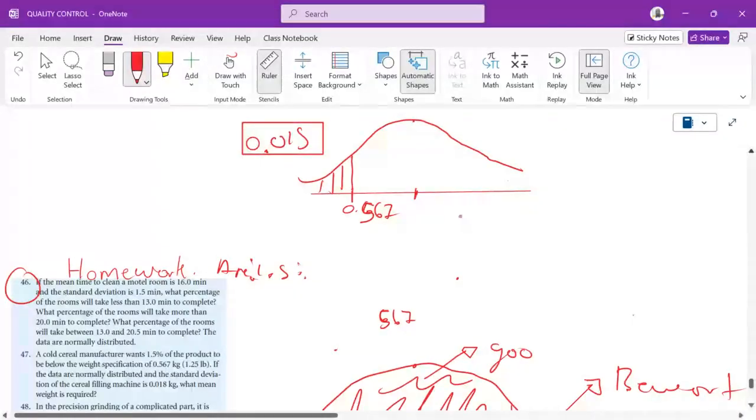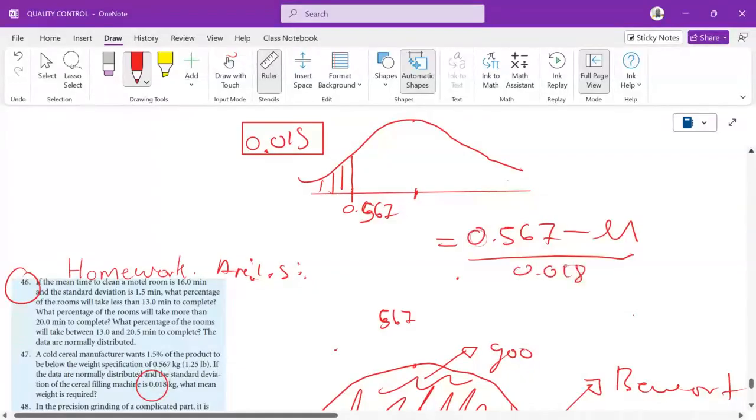And with that, it's going to determine the value of Z. And you know your x is 0.567 minus the mean, over the standard deviation, which is 0.018.